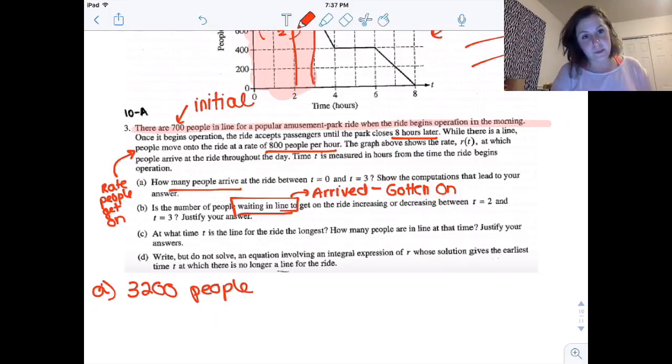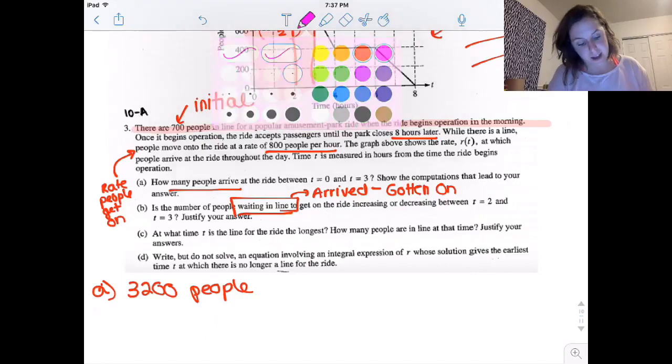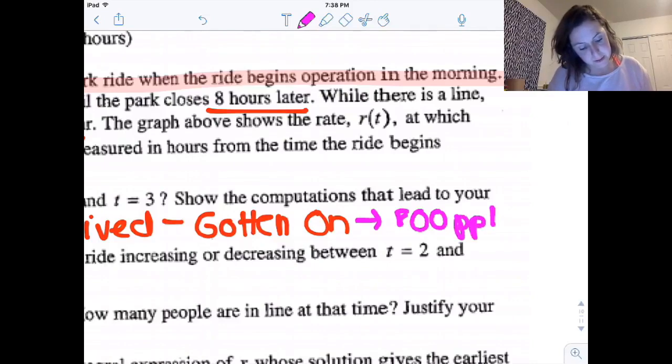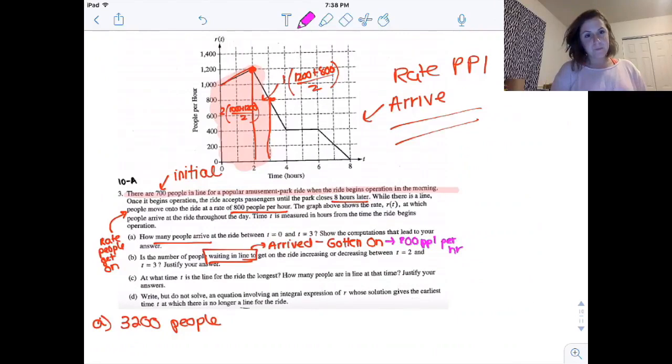So let's think about it. We know the rate people are getting on the ride. People are getting on the ride at 800 people per hour. They told us that. So let's look at the rate people are arriving.